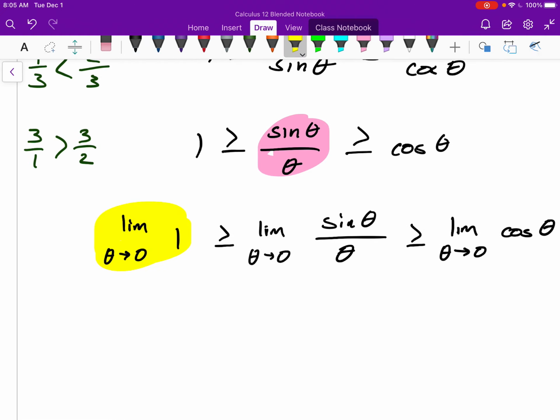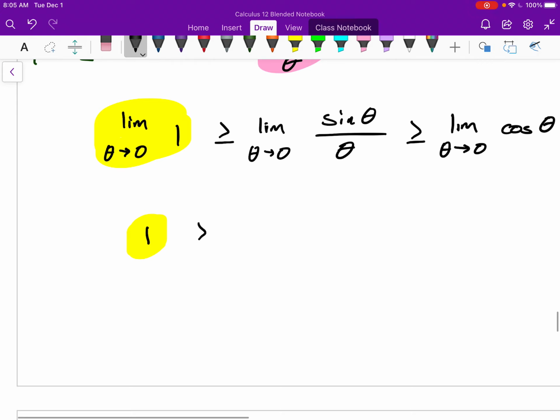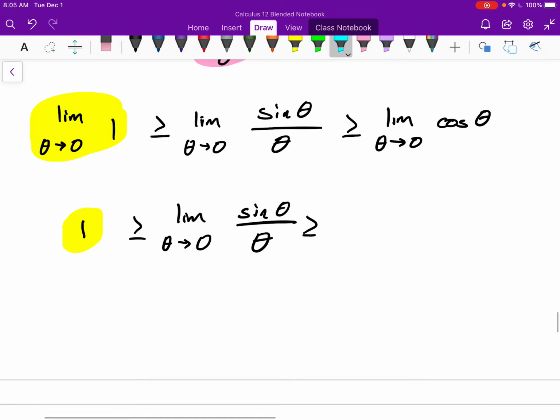The limit of 1 as theta approaches anything is going to be 1. It's just the number 1. That's a nice number. And over here, the limit of cosine as theta approaches 0, well, I can directly substitute. The cosine of 0 is 1.